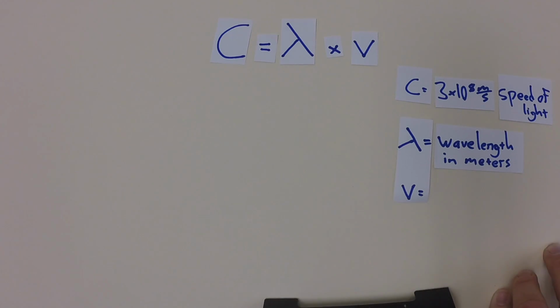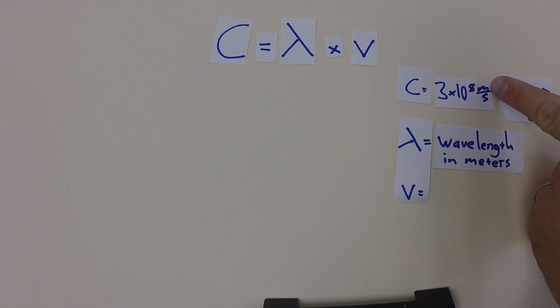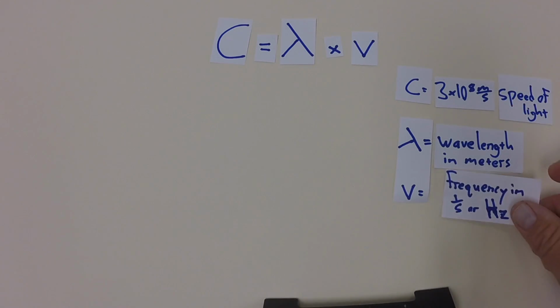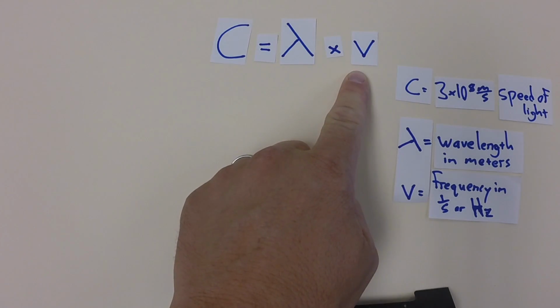So we're going to use wavelength in meters so that it matches the meters in our speed of light. The other term is frequency, measured in 1/seconds or hertz. And that's a measure of how often a wave of light passes a given point in 1 second. So C equals wavelength times frequency.